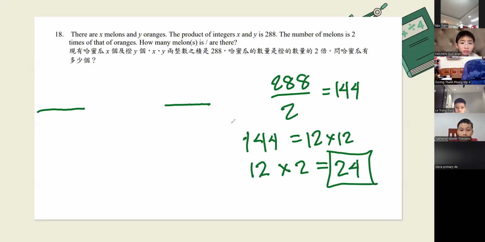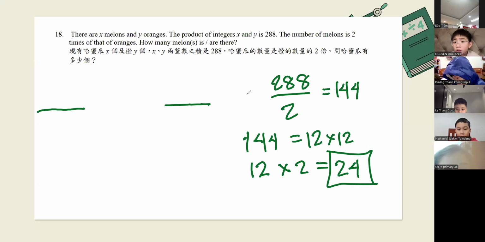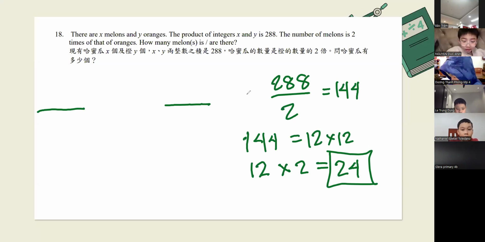Again, the product of X and Y is 288. We divide it by 2 because we want to equally distribute our number into 2 numbers, since we have X and Y. So it's equal to 144. Then think of a number that, when you multiply it by itself, you'll get 144.